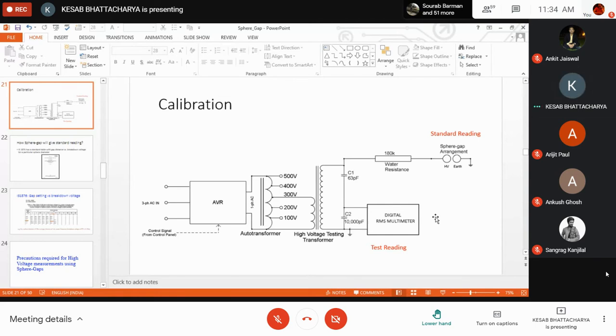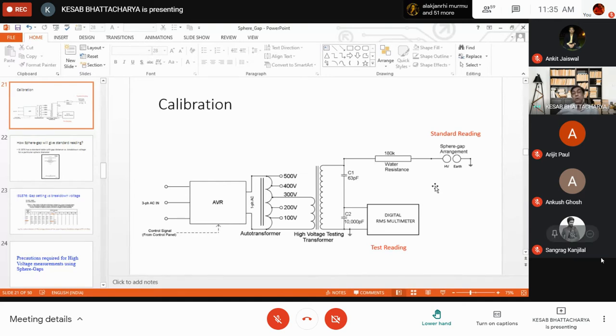Now, a few more points. In the IS specification, it is mentioned that along in series with the high voltage sphere, here these are the two spheres, one is grounded and the other is connected to the high voltage supply, a high resistance of magnitude lying within the range 100 kilo ohm to 1 mega ohm must be connected in series, and that resistance must be connected in order to do two things.